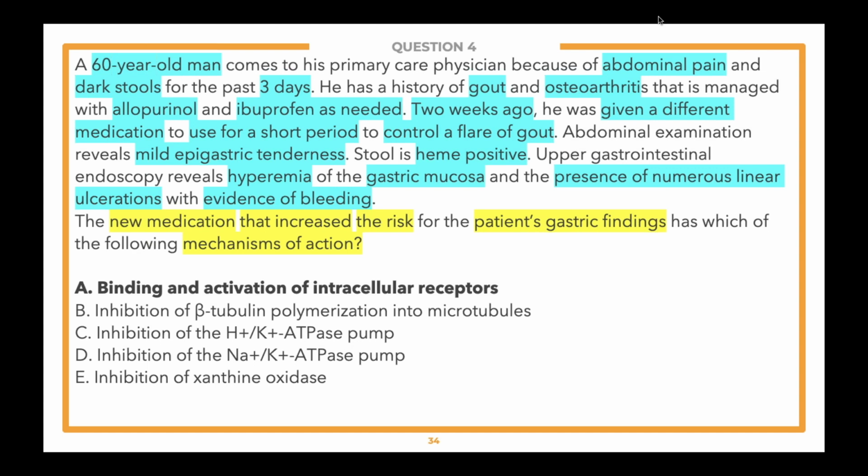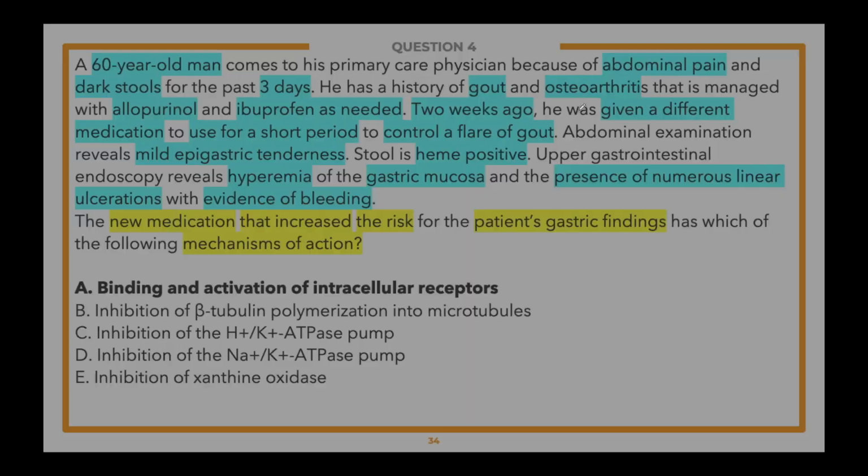So this patient was most likely given a corticosteroid like prednisone, and that can increase your risk for peptic ulcer disease and gastritis as well. When you take steroids along with NSAIDs, that actually doubles your risk of GI side effects from the NSAIDs.